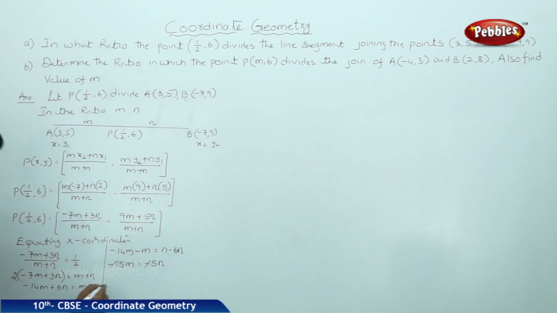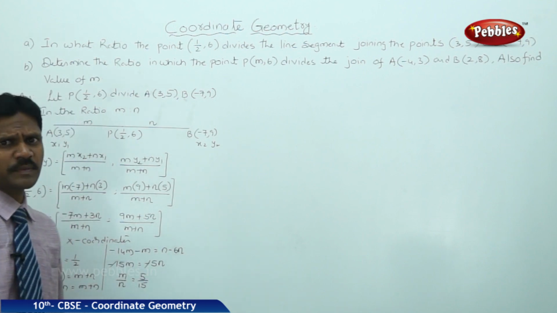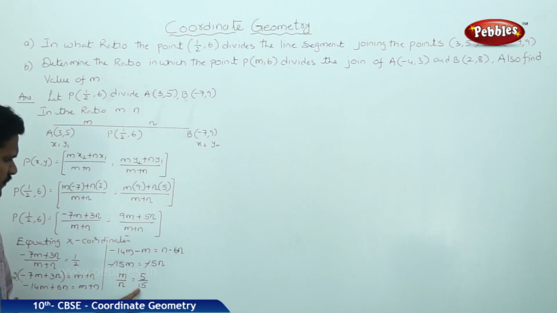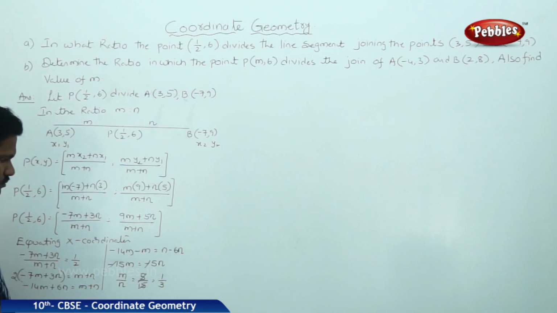That is m by n is equal to 5 by 15. Now let us make cross multiplication and check: 15 into m, 15m, n into 5, 5n. That is equal to 1 by 3. Therefore, m is to n is equal to 1 is to 3.